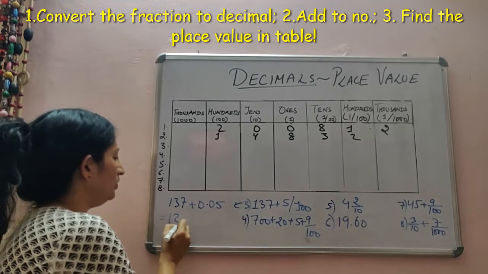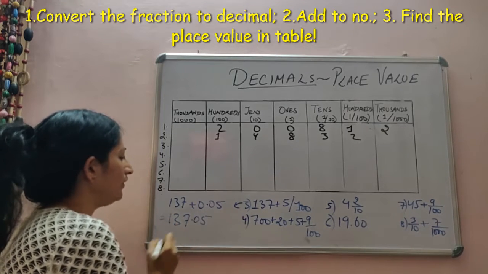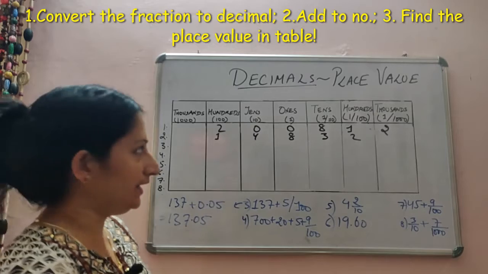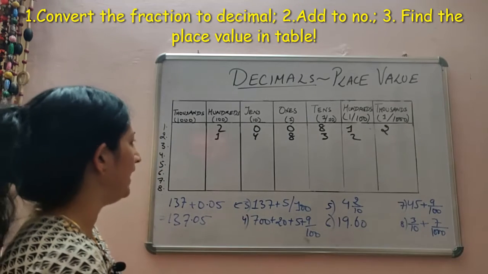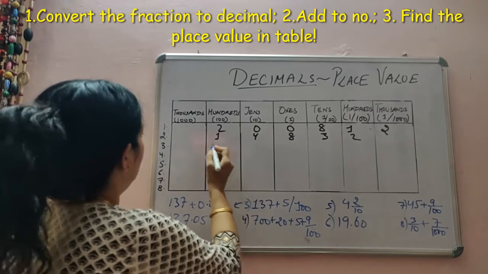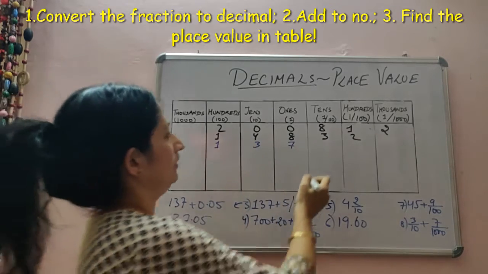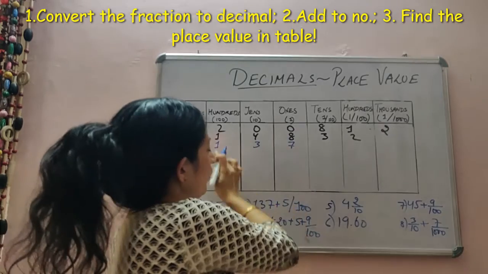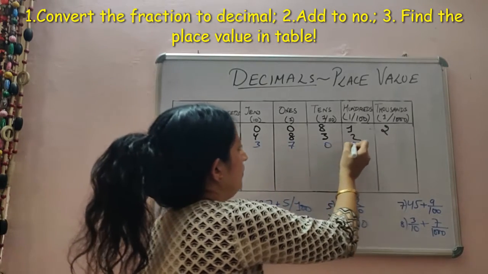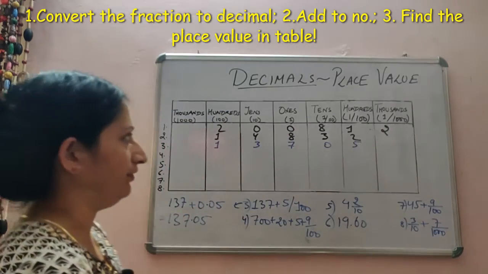So it will be equal to 137.05. So I can write here in my place value table 137, which is the whole number part, then this will be 0 and this will be 5.